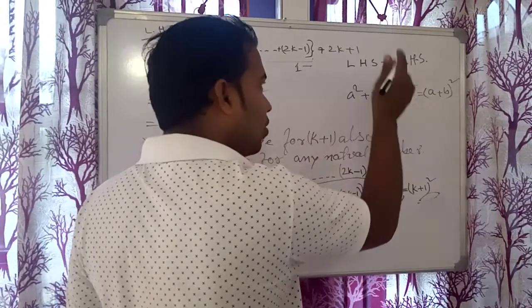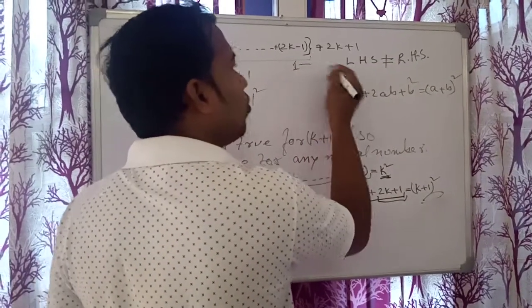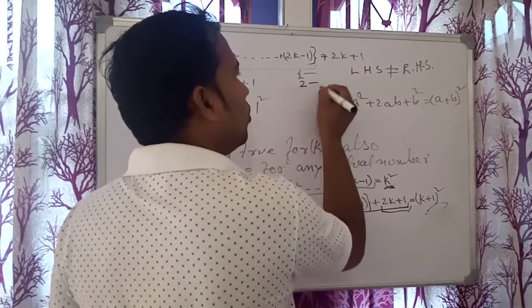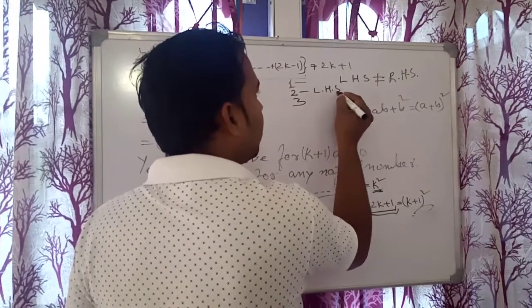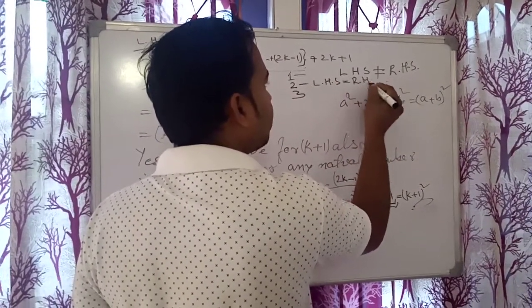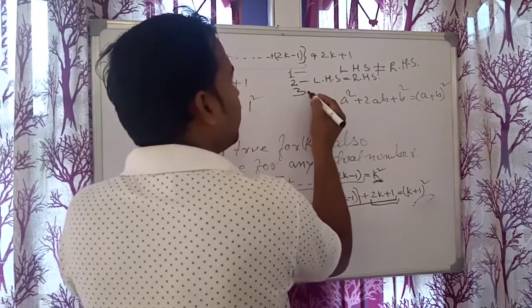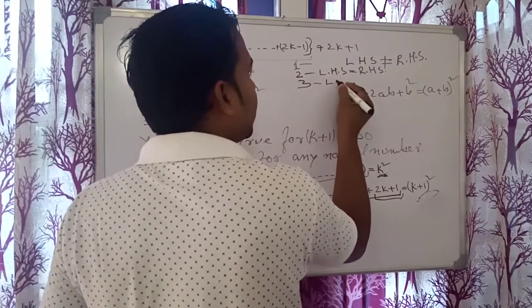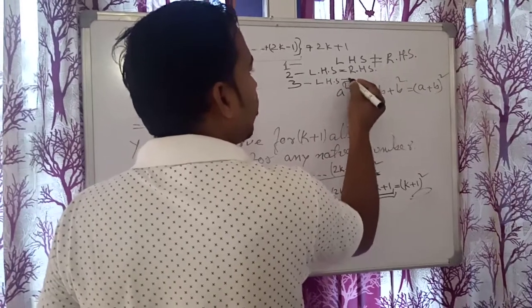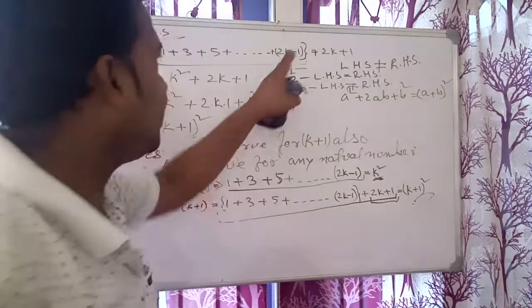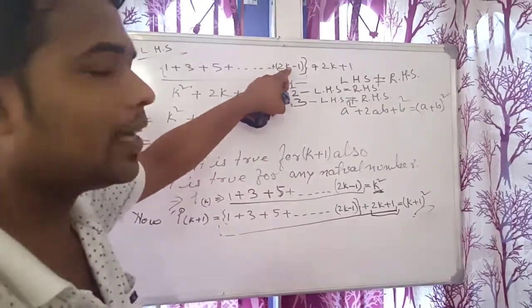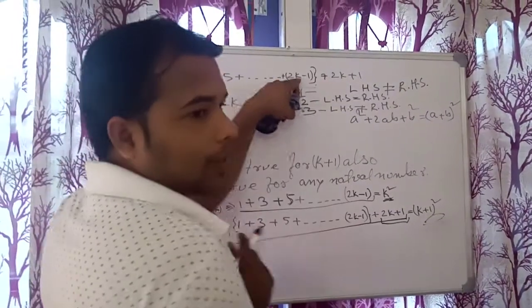If you do not get it true for 1, then try for 2, then try for 3. If you get left hand side equal to right hand side for those, but doing for 3 you do not get left hand side equal to right hand side, that means in place of n or in place of k you have to put even numbers.